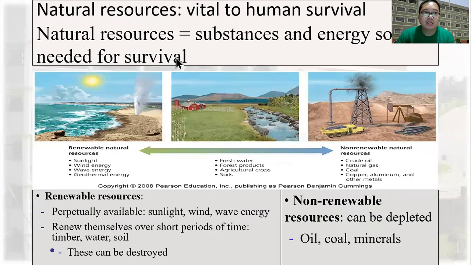Now, let's talk about natural resources. Natural resources are substances and energy sources needed for our survival. We have two kinds of natural resources, the renewable resources and the non-renewable resources. Renewable resources can be replenished easily, like solar energy, wind energy, and so on.